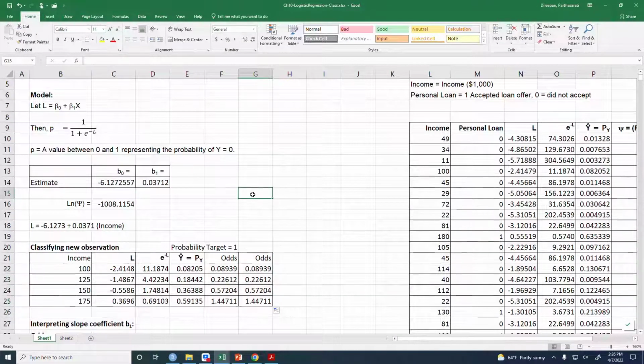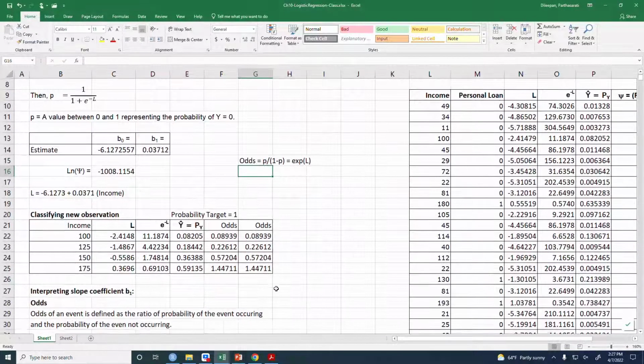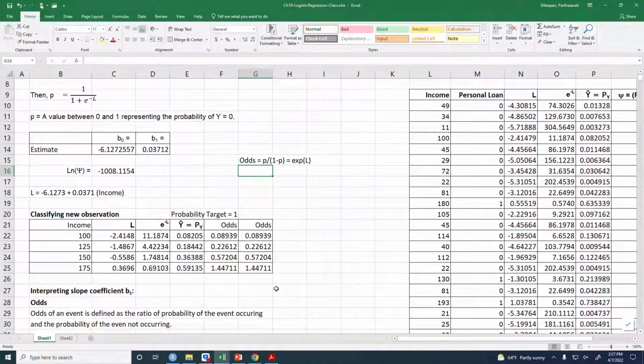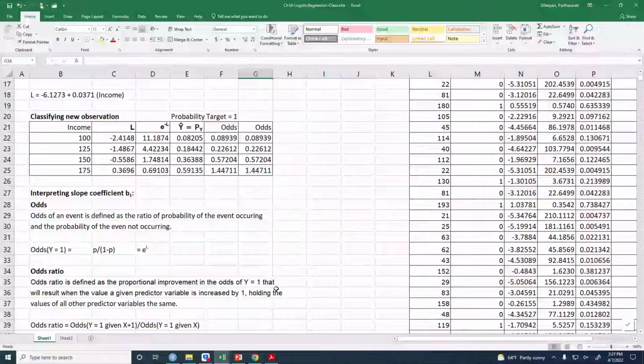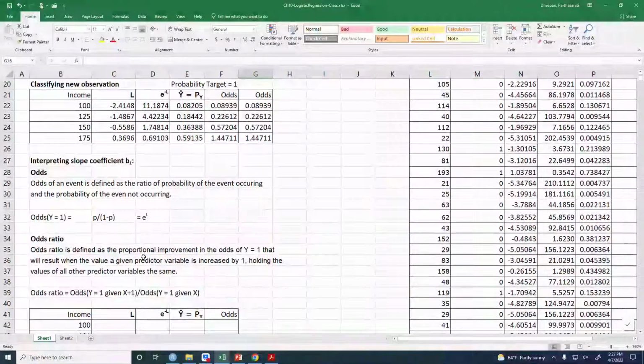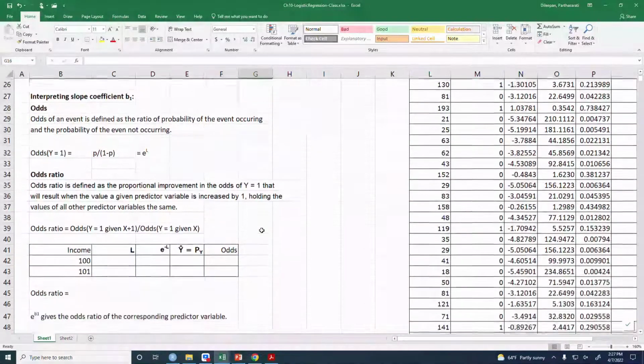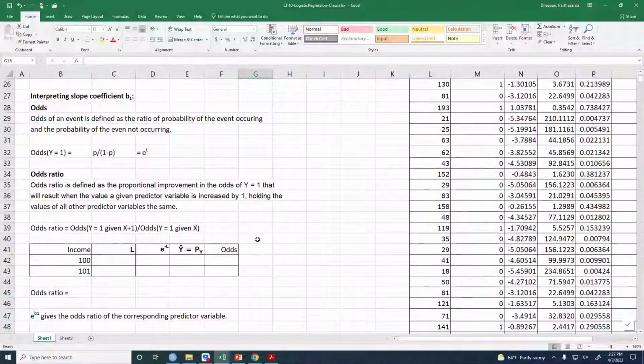So you can do odds equal to P divided by 1 minus P, and that is also equal to exp of L. So odds of y equal to 1 is e to the power of L.